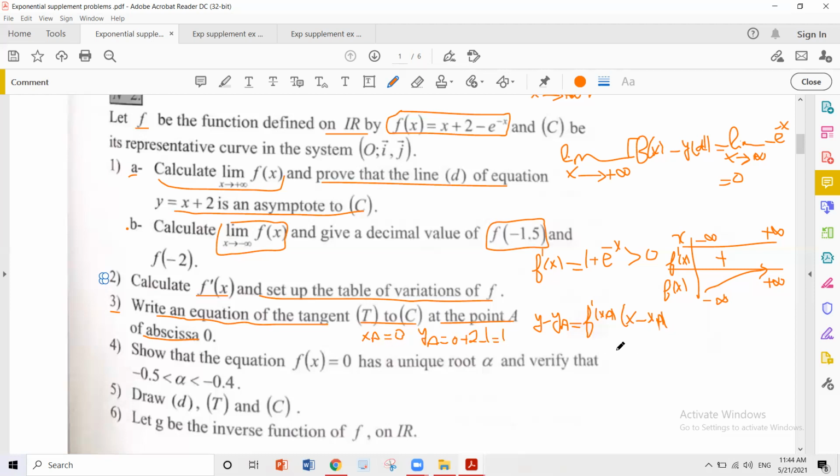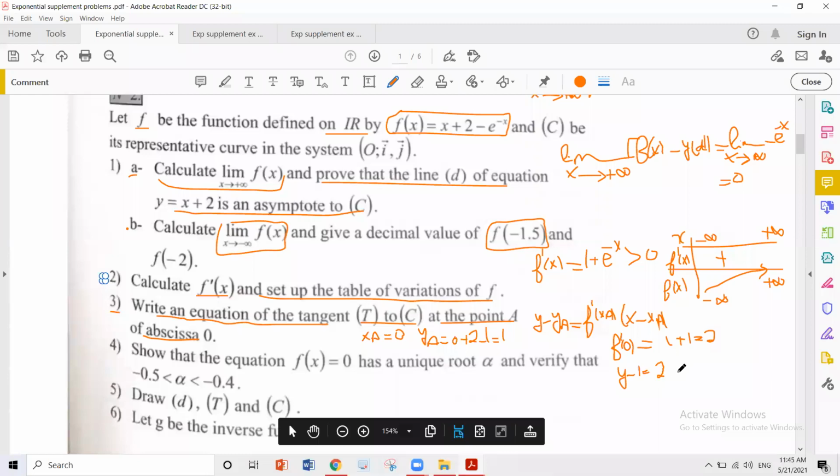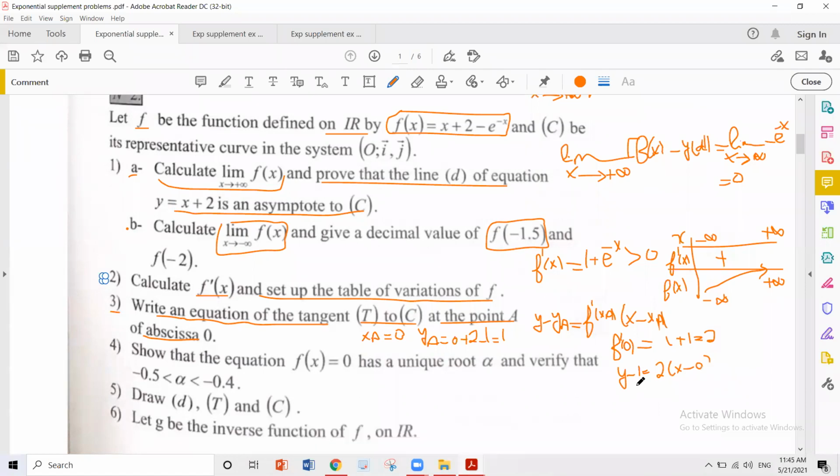And slope f prime of 0 equal 1 plus 1 equals 2. So the equation of the tangent is y minus 1 equal 2 into x minus 0. Then the equation of the tangent is y equal 2x plus 1.